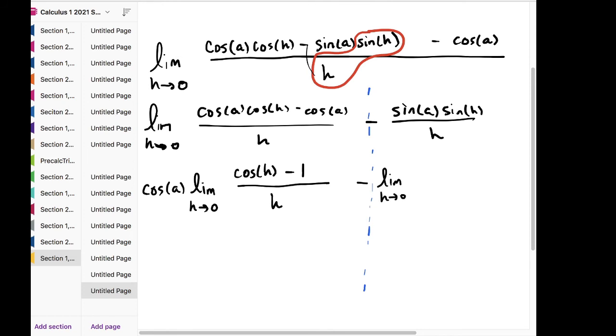What's your approach to solve this? Right, so you're right, this is 1, sine of a. Yeah, that should be what you're thinking about.